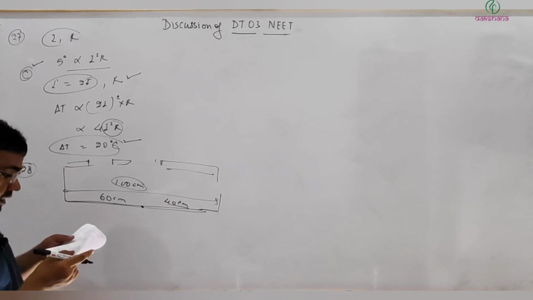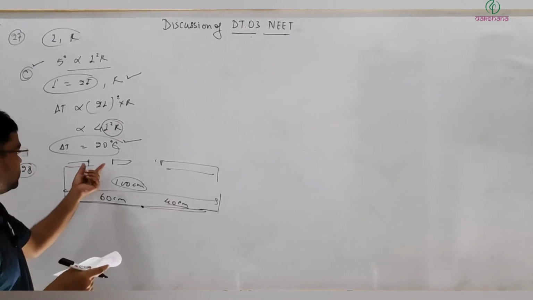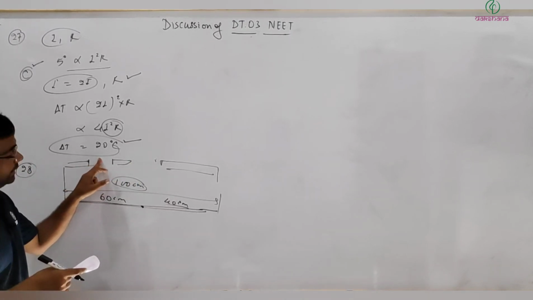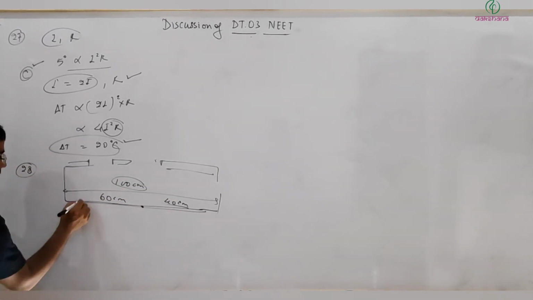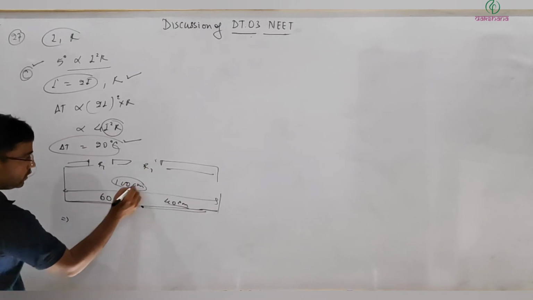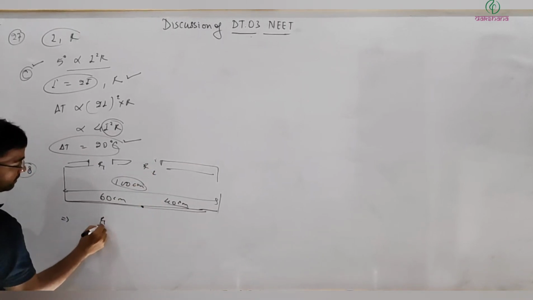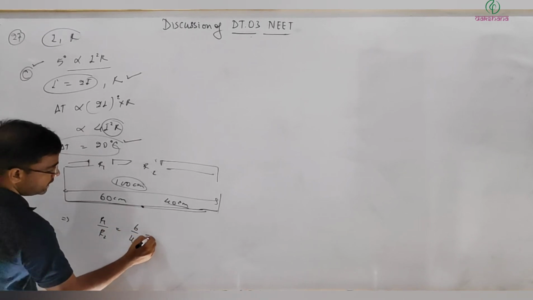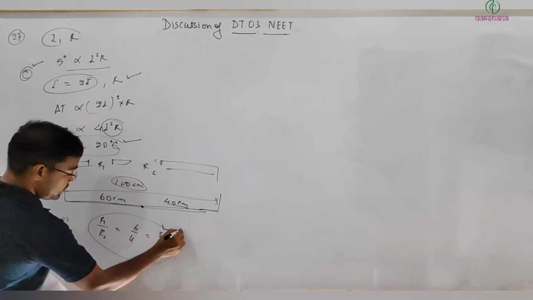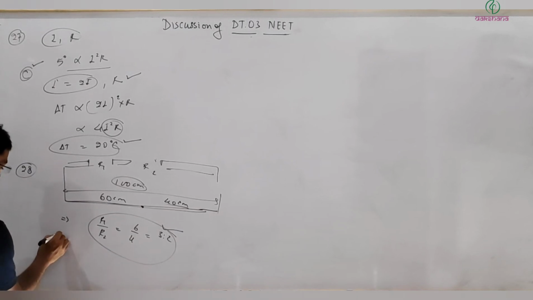The ratio of resistances in the gaps is proportional to these lengths, so I can write R1 by R2 is directly proportional to 60 by 40, that comes out 6 by 4, that is equal to 3:2. The answer matches with option C.